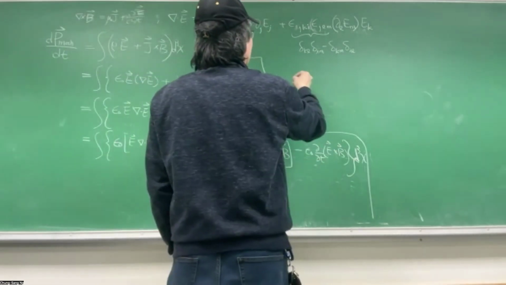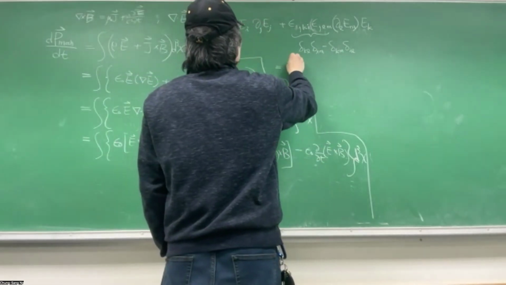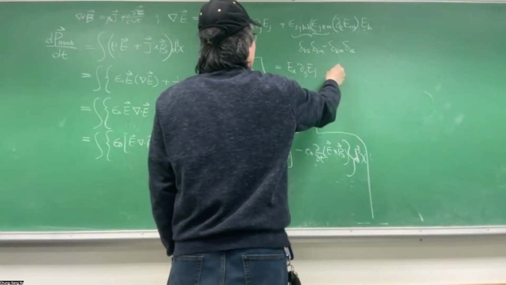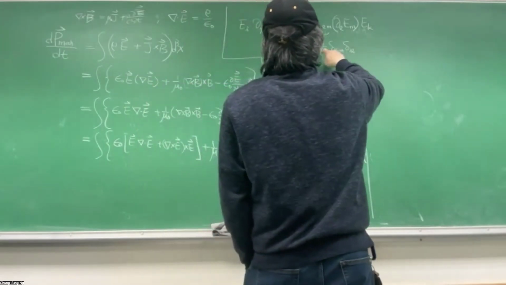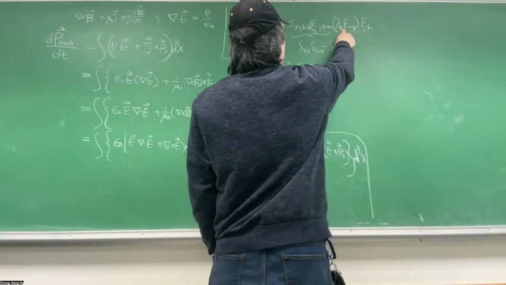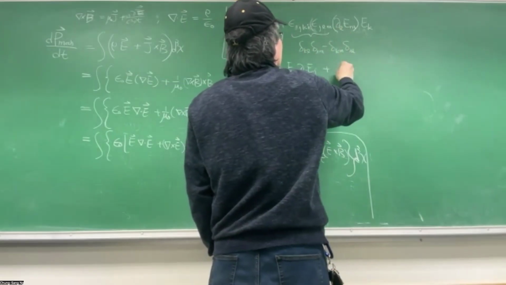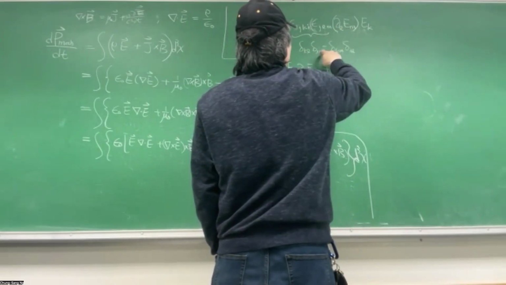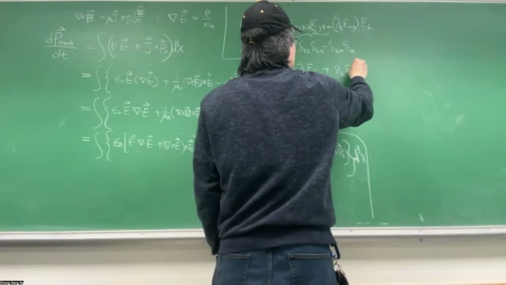And now we can simplify. This is E_i, also j into j. And then the second term is this one operating on this one. So wherever you see k, l becomes k, you have also k, and m becomes i.